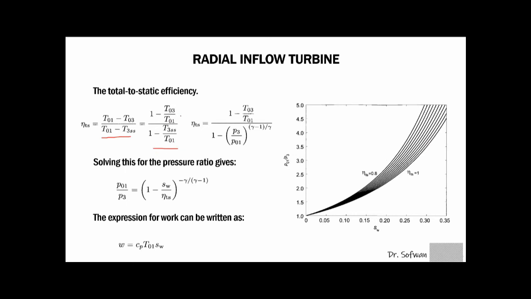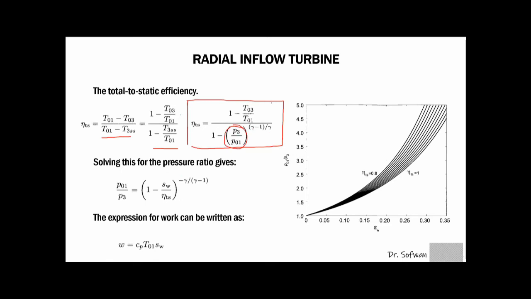Or we can also calculate the total to static efficiency of a radial inflow turbine using an alternative expression, which equals 1 minus T03 over T01 over 1 minus P3 over P01 powered by gamma minus 1 over gamma.